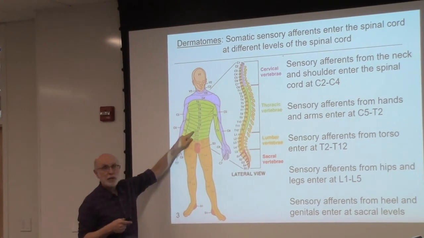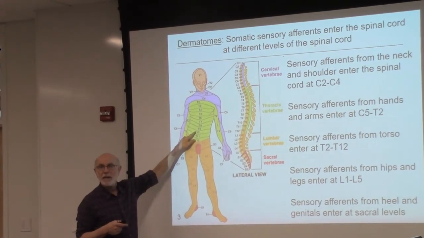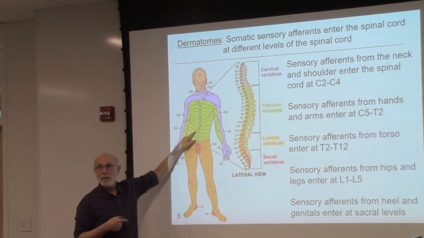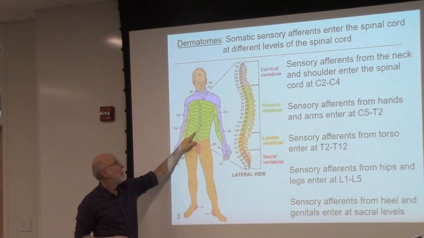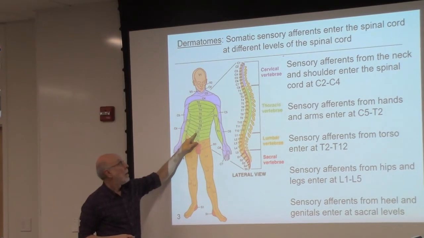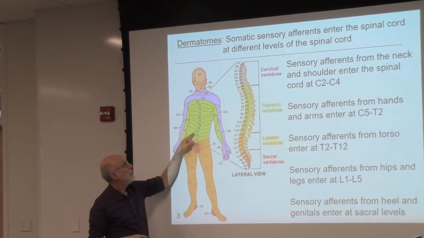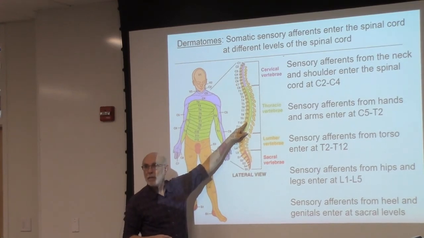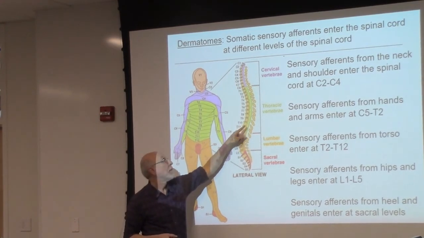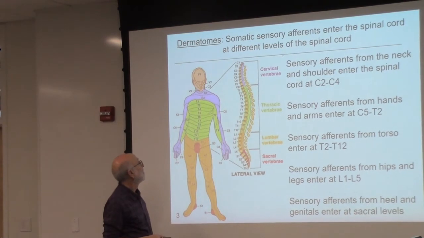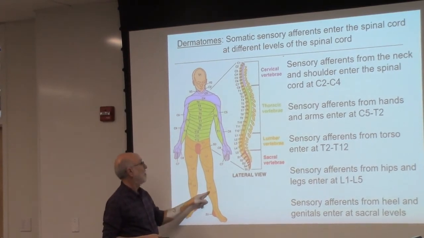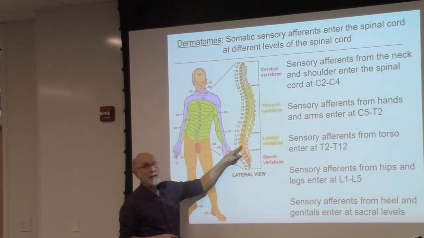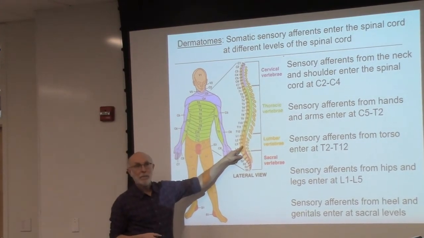The sensory neurons that innervate this skin, whether it's for touch, pressure, pain, or temperature, enter the spinal cord at a specific level. The L4 neurons enter the spinal cord at the lumbar 4 level.